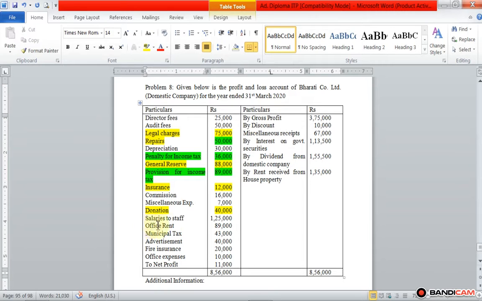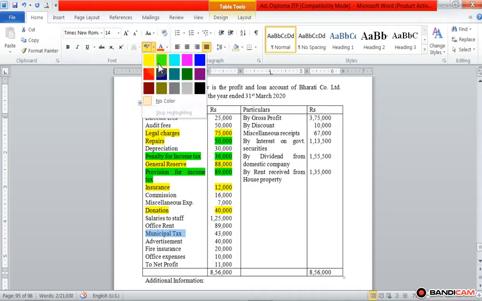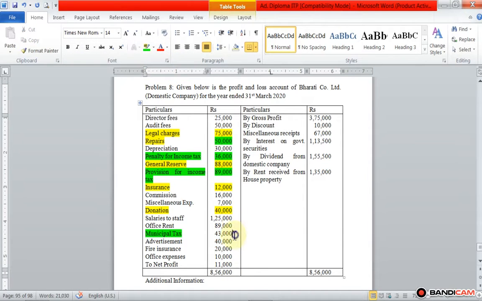Then municipal tax: municipal tax pertains to the house property, and house property expenditure is not considered an expenditure of the business. It is a tax not relating to the company, it relates to the house property, so it is disallowed, 43,000. Then advertisement 40,000, allowable expenditure.